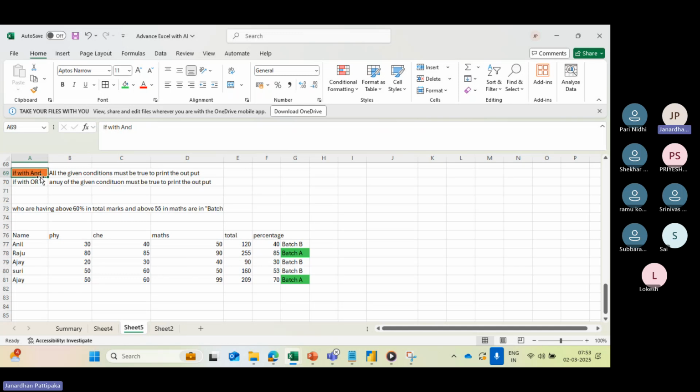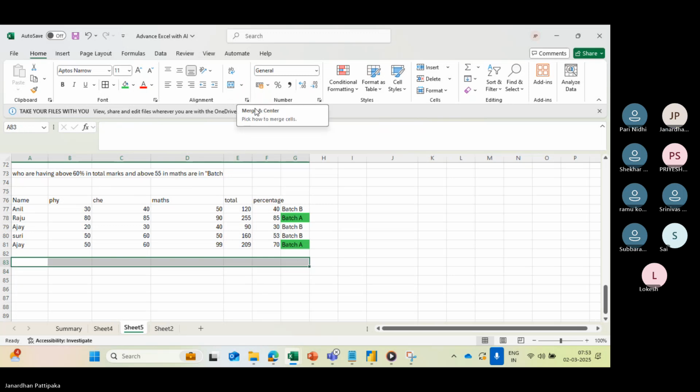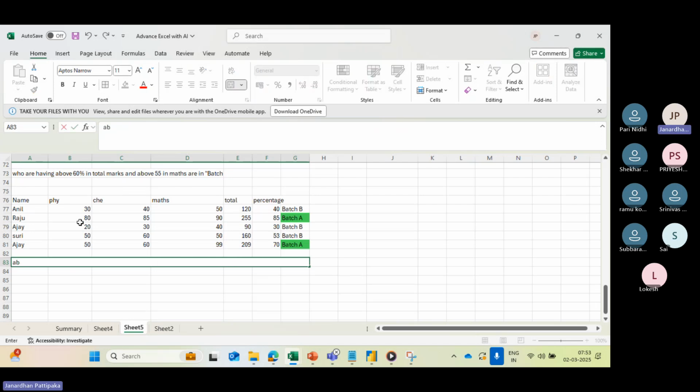Now I will use the same formula. I am using chemistry also. I will put some condition. What is the condition I will put? I will merge the cells over here. Try to merge this cell. Now here, those who are having above 40 in physics, they should get above 40 in physics.